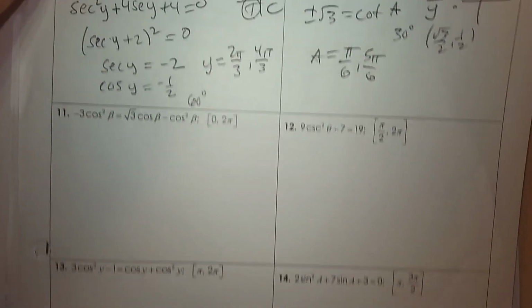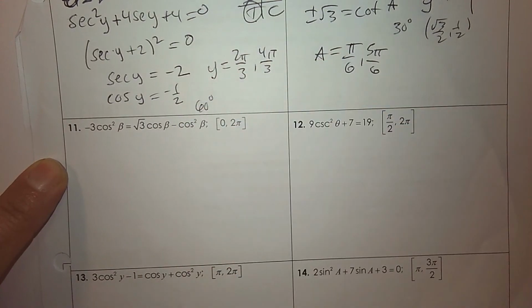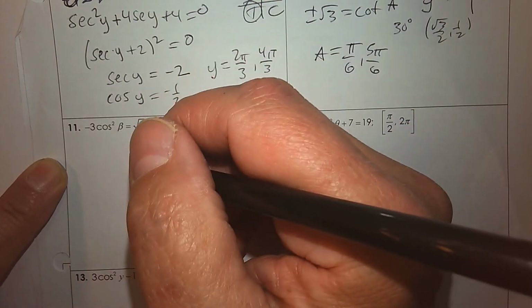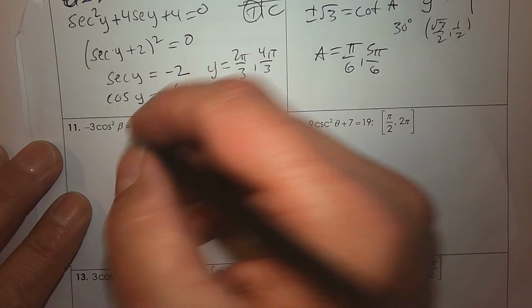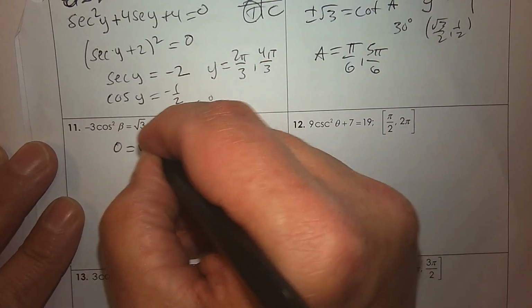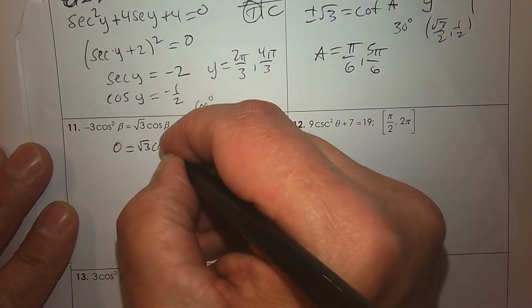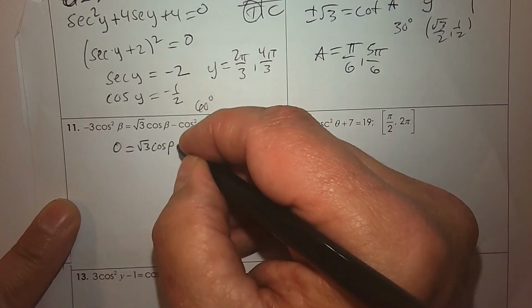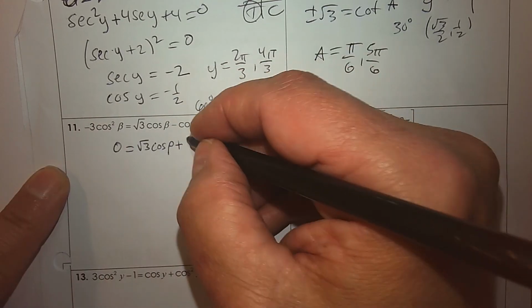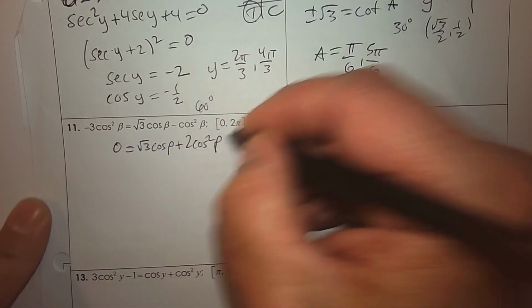All right, number 11, can you factor it? So combine like terms. So I'm going to make it equal to 0. I'm going to add, so it'll be plus 2 cosine squared beta.